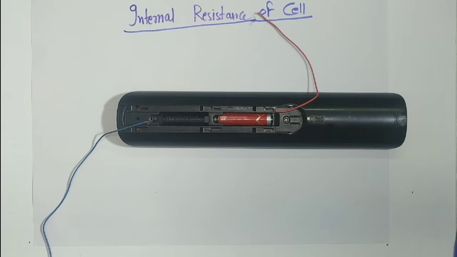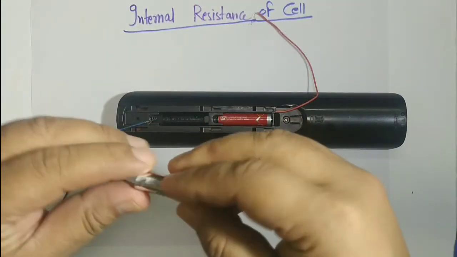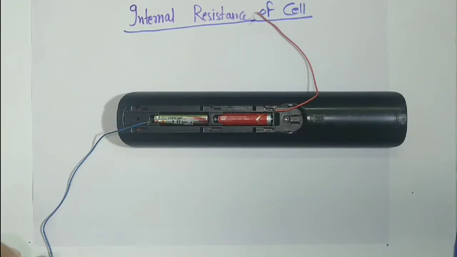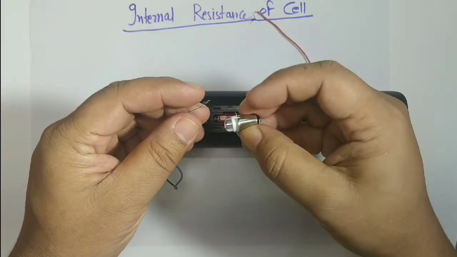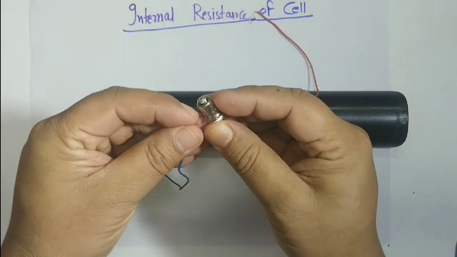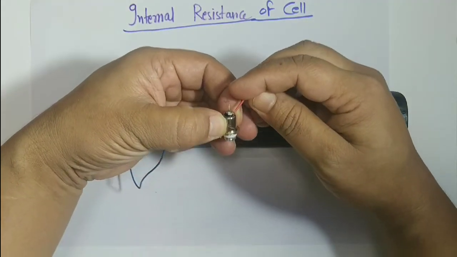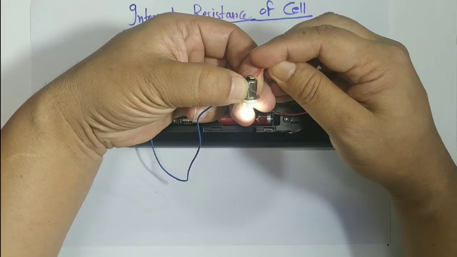If you see it, I will take a new cell here, and when I put it like this, and then I take a small bulb, you know that negative terminal is on this side and positive on this side, and then it glows. If you see, the bulb is glowing, the current is passing through the cells.